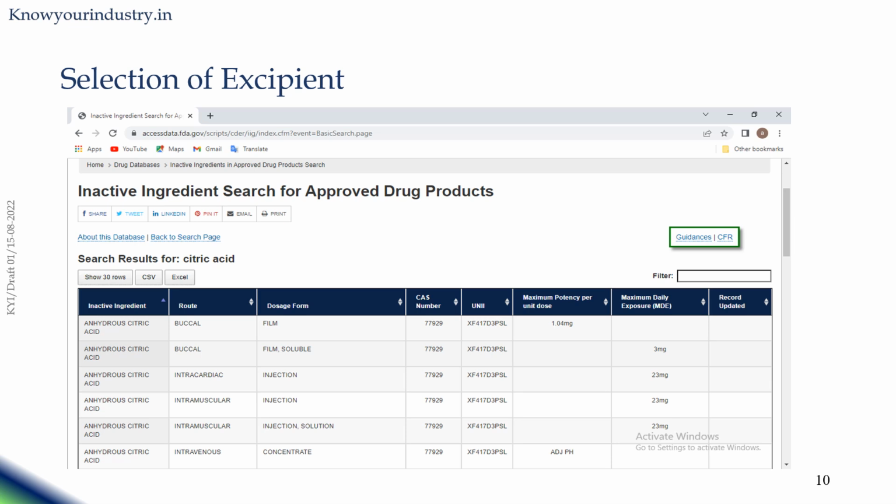It has been defined how much maximum potency should be used in a unit dose and how much should be used per day, and it has been tabulated. With this help, you can finalize your quantity, and the route of administration can be identified for the excipients.